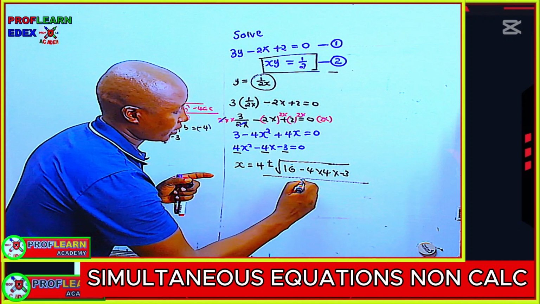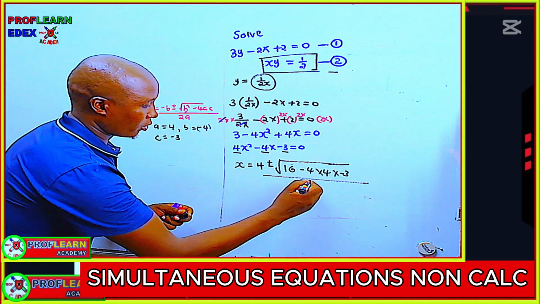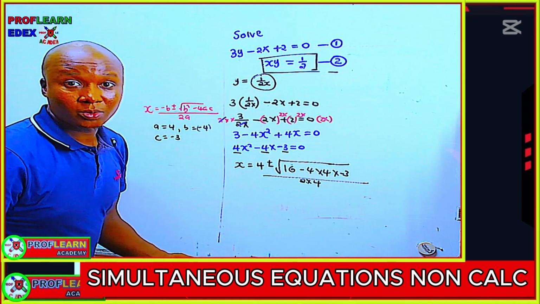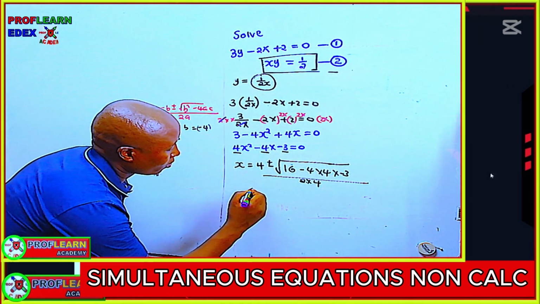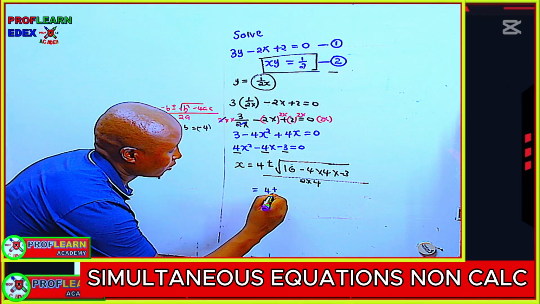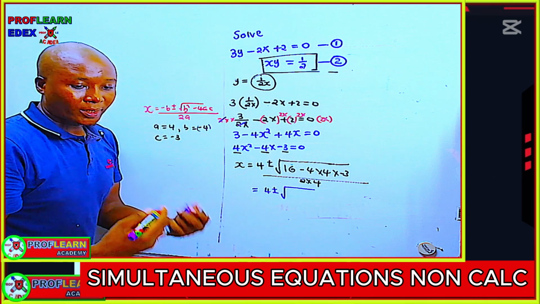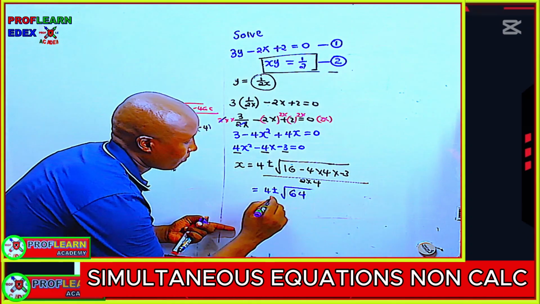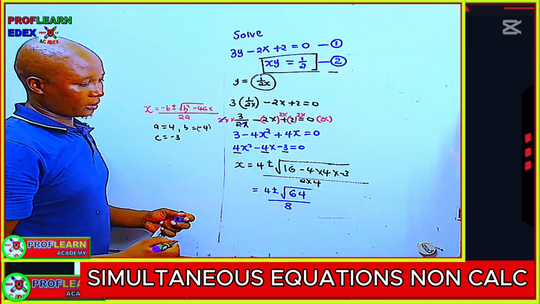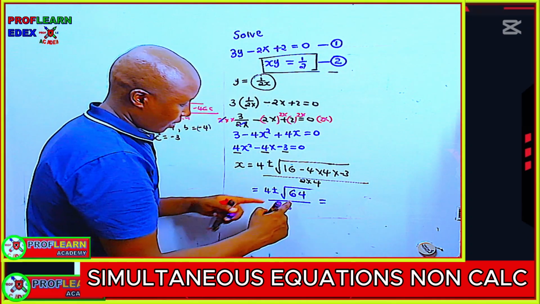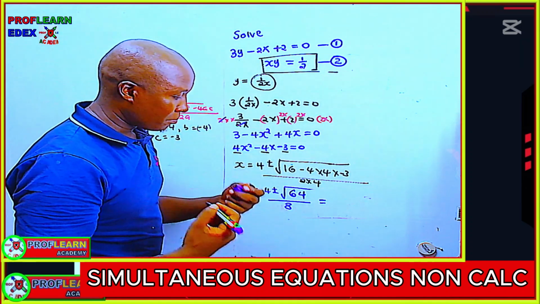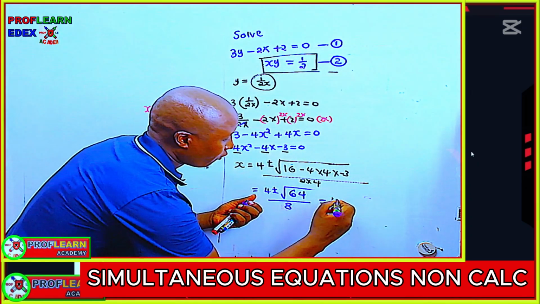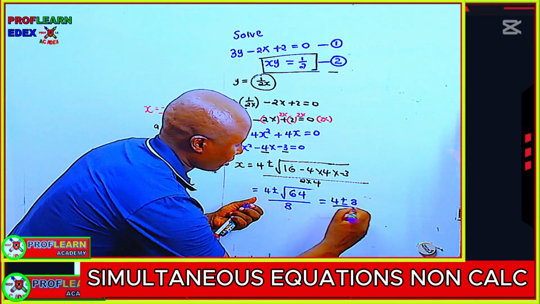If we simplify, it becomes 4 plus or minus the square root of what we have inside the square root, which translates to 64, divided by 8. Root 64 is basically 8, so it will be 4 plus or minus 8 over 8.